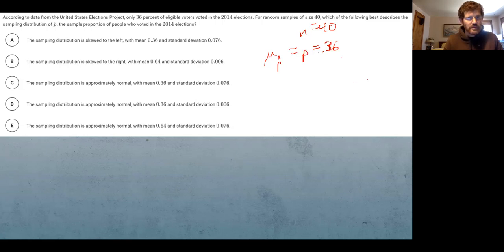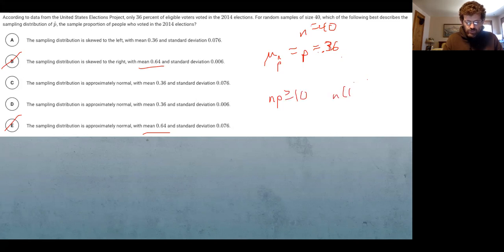So before we answer that, I know it's going to be 0.36, so let me just get rid of these two. The other question is, is it skewed or is it approximately normal? Well, we can check that. This is the large counts condition. So n times p has to be greater than or equal to 10.